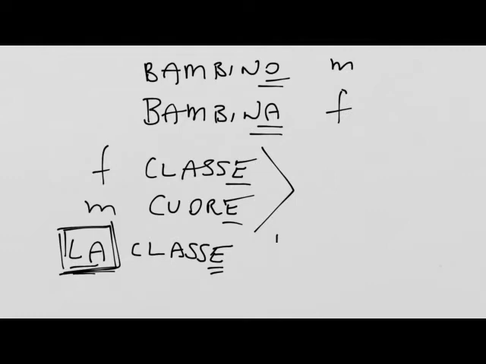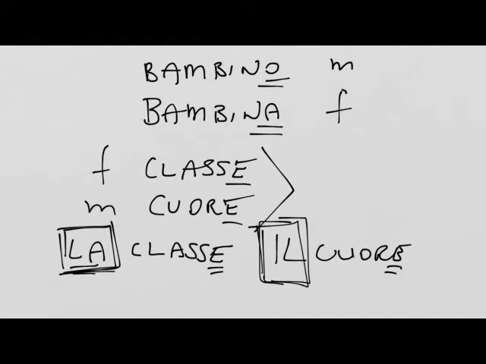For cuore, the article is il. Same thing applies. You can't tell by the ending whether it is masculine or feminine, but if you remember the article that goes with it, then you will automatically know that cuore is masculine.